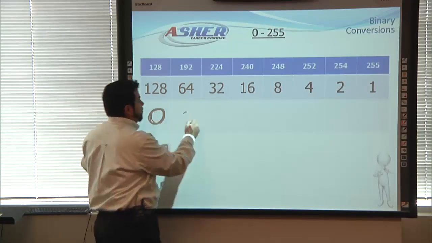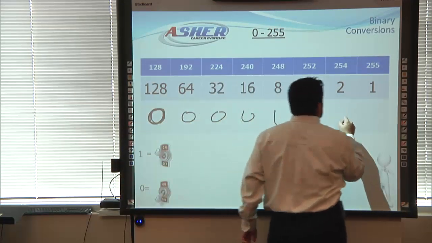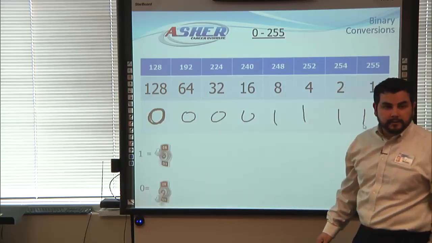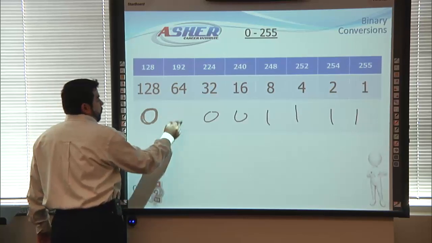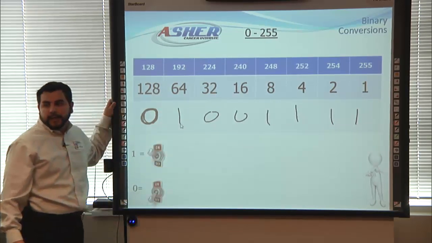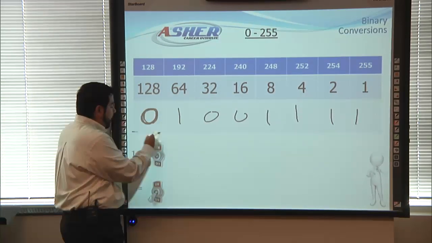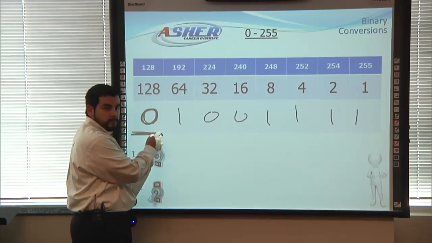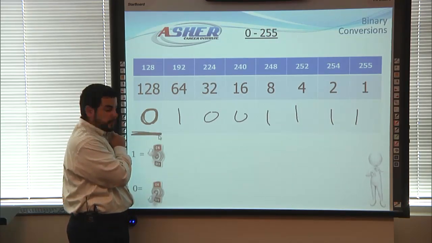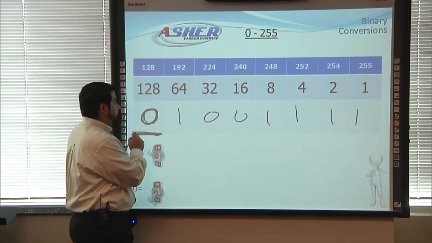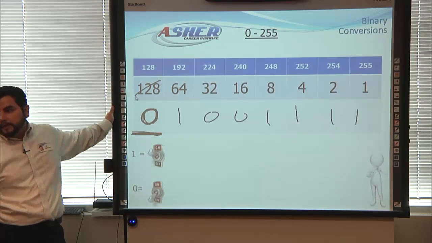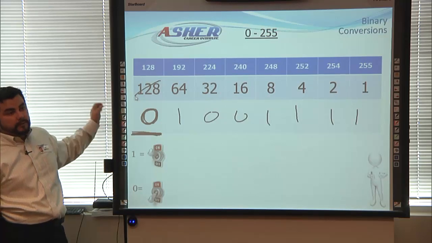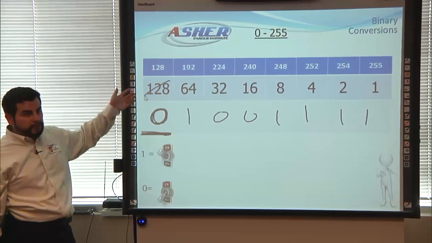So this can be 0, 0, 0, 1, 1, 1, 1. That is a class A. You can also have 0, 1, 0, 0, 1, 1. That is still a class A, because this will always be a 0. That make sense? Now, because this is always 0, you'll never get a number higher than 128. Because remember our conversions?